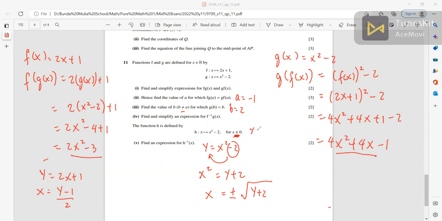Smaller than 0 means x has a negative value. So x equals negative square root of y plus 2. And then we change back the x to become h inverse equals minus the square root of x plus 2. So that is the answer for the fifth.